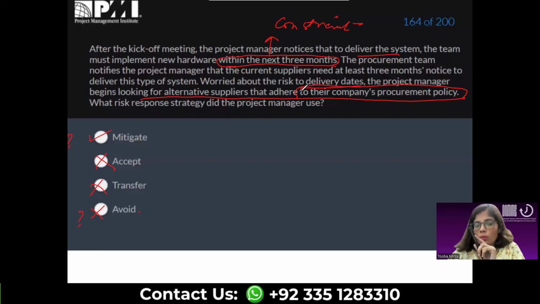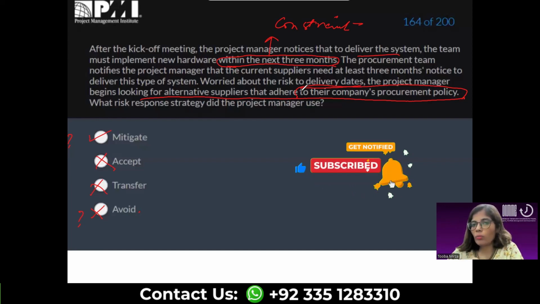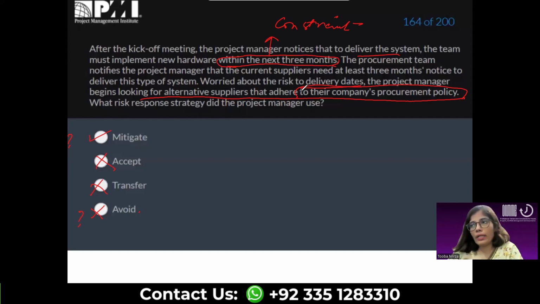Now, Shakib, to answer your point, he is not changing the plan. He is not changing the 3 months to 6 months or to whatever flexibility is available within the organization. If he were doing that, then it would have been avoided.